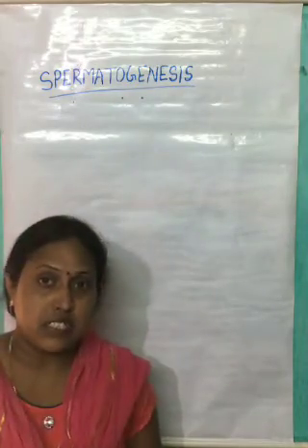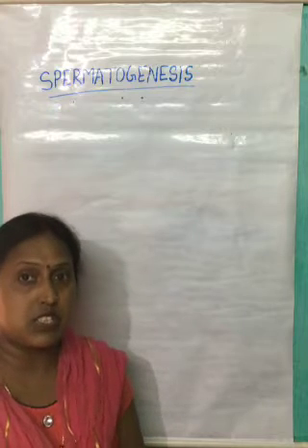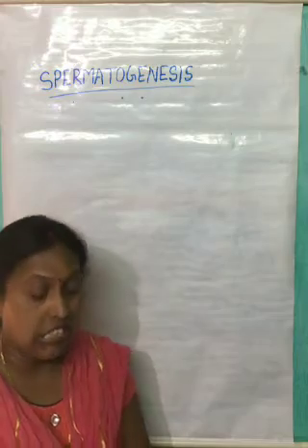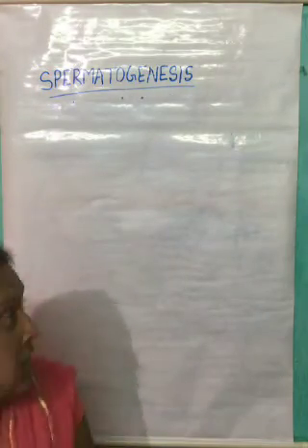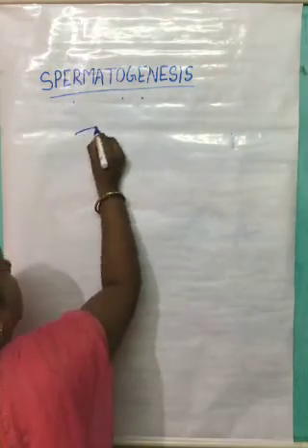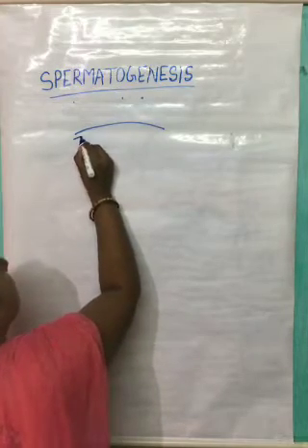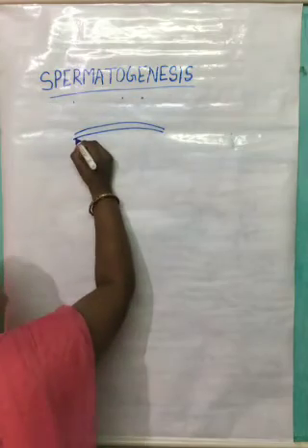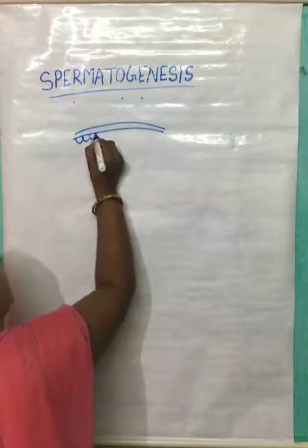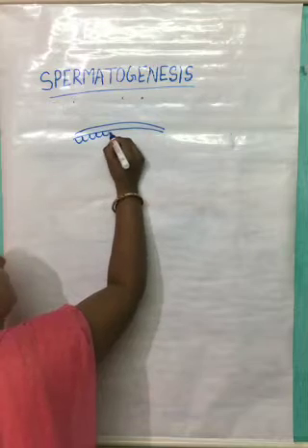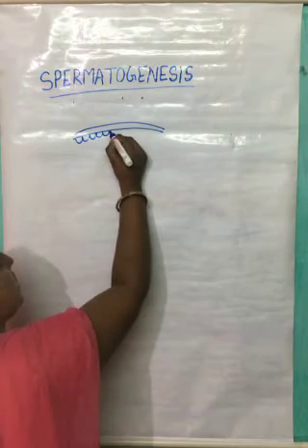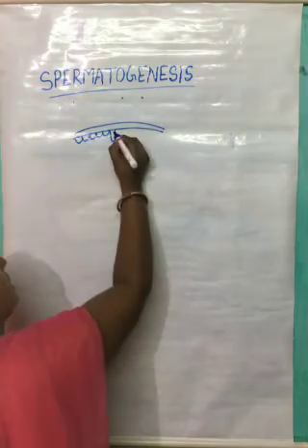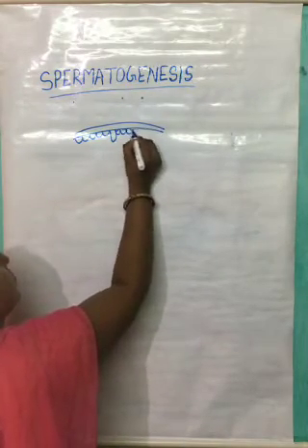Now we have already discussed the transverse section of the testis, and we have seen the internal structure of it. There we have seen that the seminiferous tubule is surrounded by the germinal epithelium, and here the primary germinal cells are there, and in between them some taller cells called the Sertoli cells are also present.